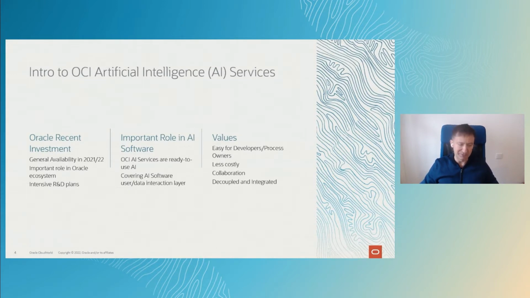There is an intensive roadmap, with retraining model capabilities already there for the majority of the services. Oracle is building industry-specific flavors for each and every service. It's clear already from this initial definition. The idea is to make it very easy for everyone, developers, process owners, integrators, to infuse AI into their applications or business processes.